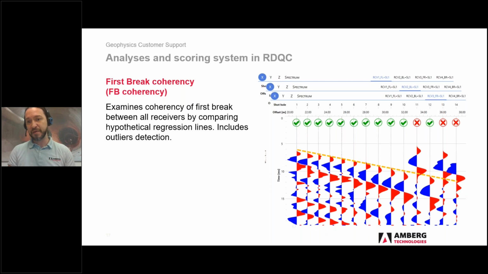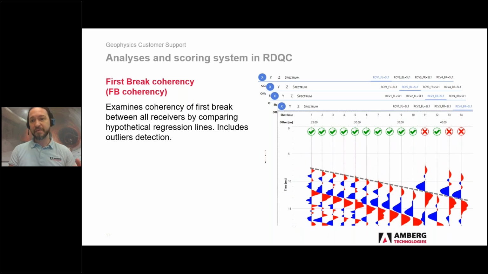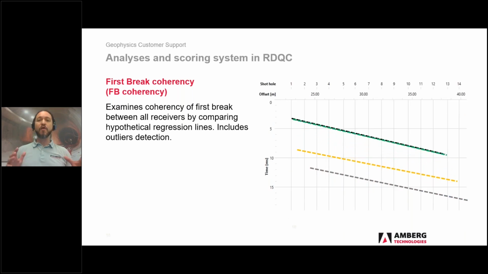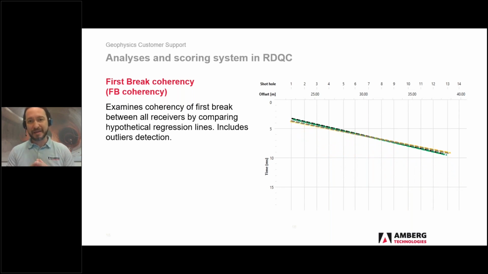Now I'm going to receiver 3 and receiver 4. Okay, so we will have 4 of these regression lines. And later on comes the analysis itself, where we will compare the characteristics of these regression lines.